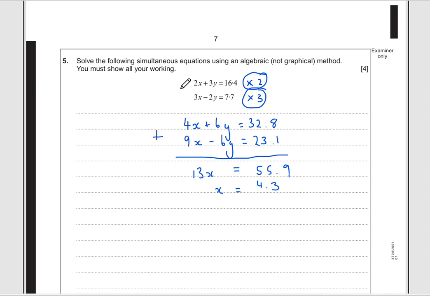We need to work out y, so substitute it back. Either equation is fine, but I'm going to use the first one. So 2 times 4.3 plus 3y is going to be equal to 16.4. That's going to be 8.6.